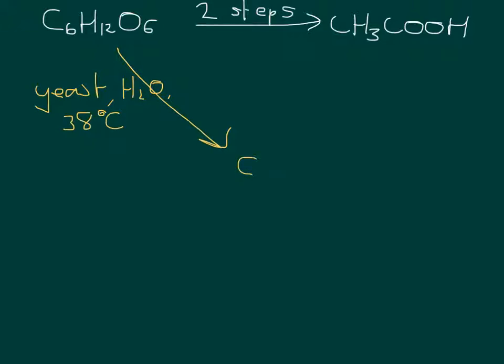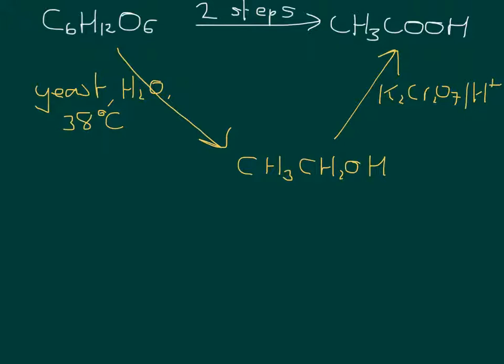That would give you ethanol, so CH3CH2OH, and then we're kind of back to the previous one. To get ethanol to ethanoic acid, I, of course, am going to use potassium dichromate. That's got to be acidified. And I'm going to reflux, because it's the alcohol going all the way to the carboxylic acid.